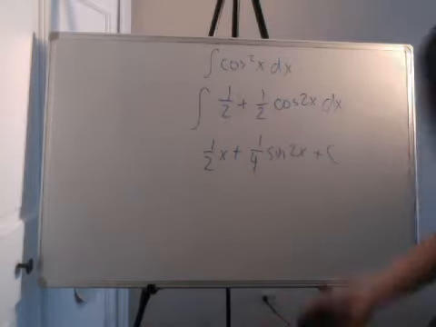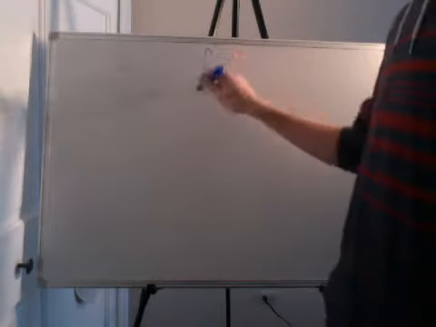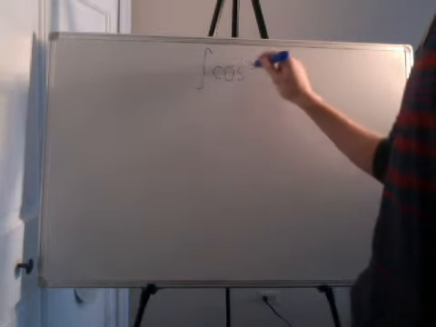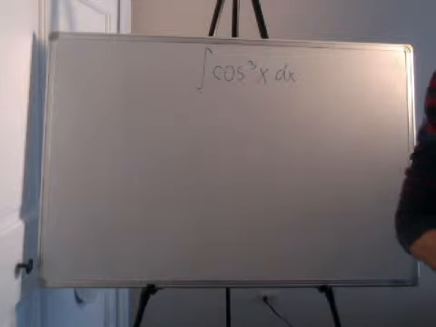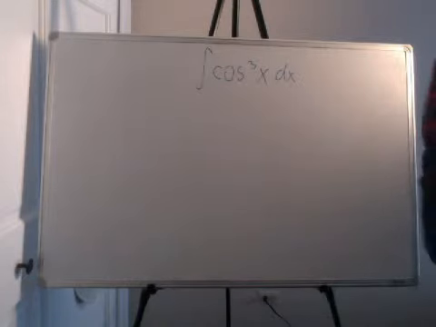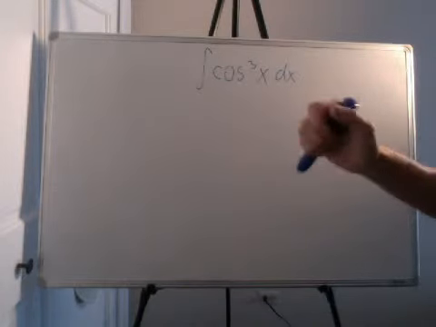So now that you know that, what if they asked you for something along the lines of cosine cubed x dx? So this is going to get into kind of a messier situation, but using this, you can take the antiderivative of any trig value to any exponent.